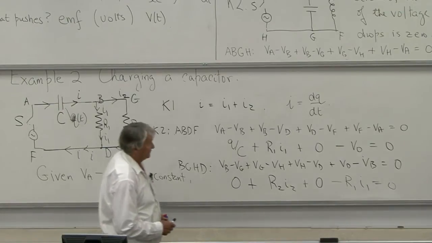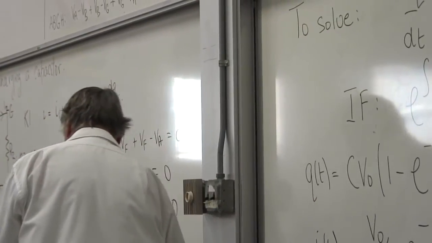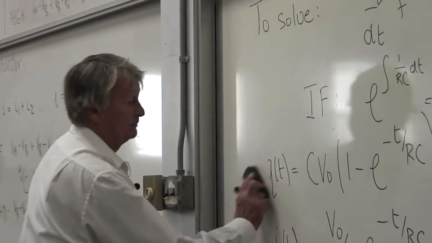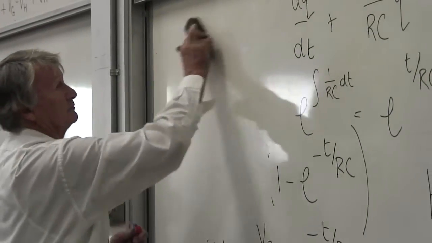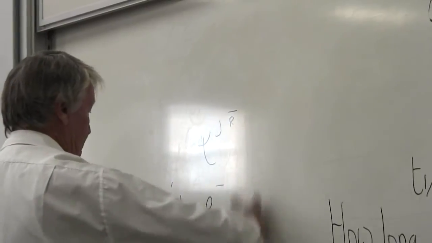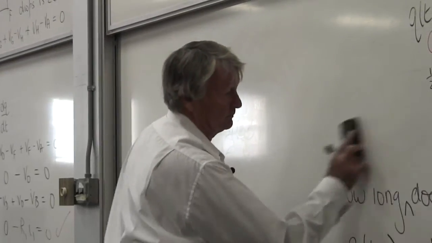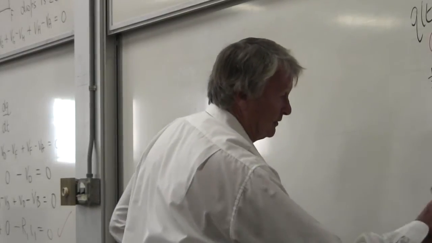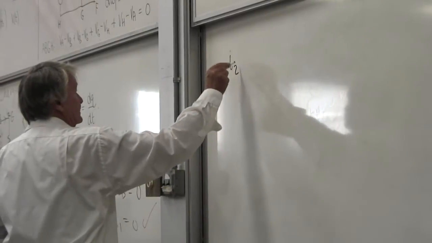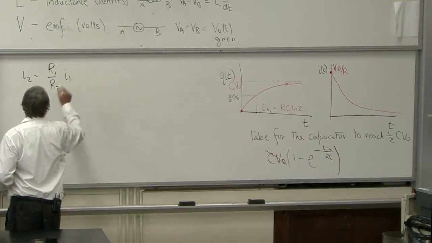Let us eliminate I2 from this equation. I2 from this is R1 over R2 times I1.